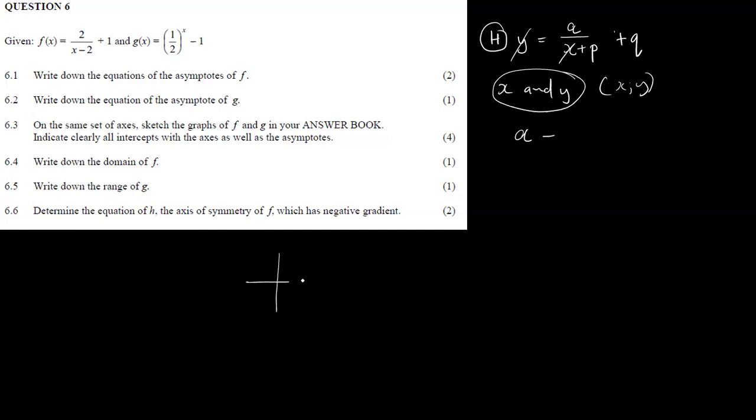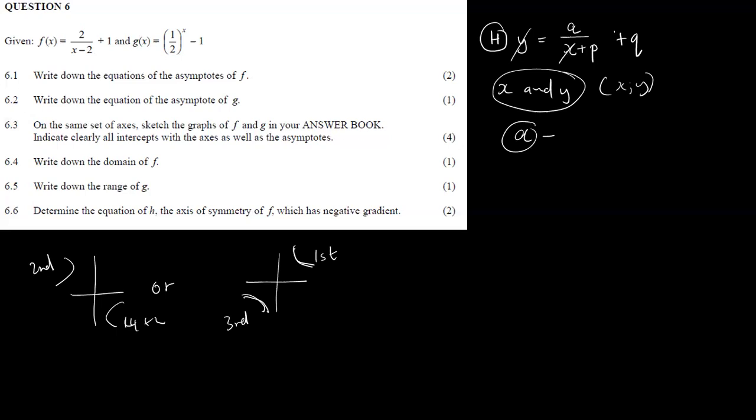Remember, the hyperbolic function could be drawn like this or like this, or like this or like that. So the value of a determines where we are going to draw these curves. Are we going to draw the curves in the first quadrant and third quadrant of the Cartesian plane, or on the second quadrant and the fourth quadrant? So the value of a determines where we are going to draw our graph.